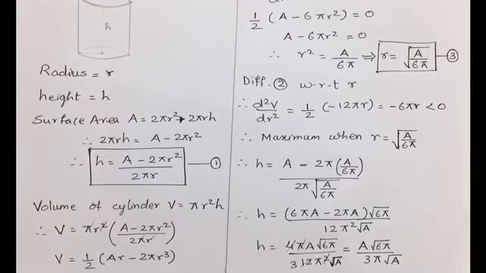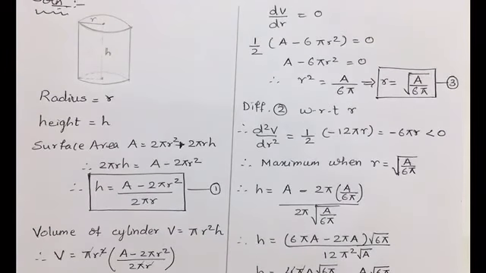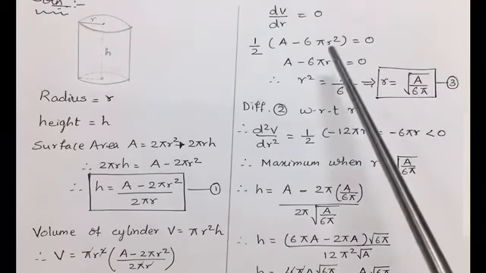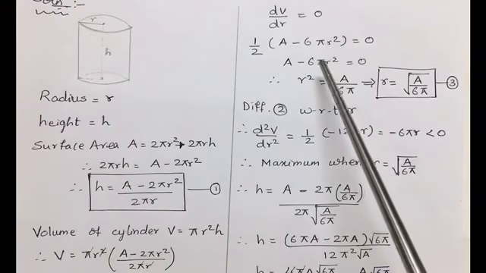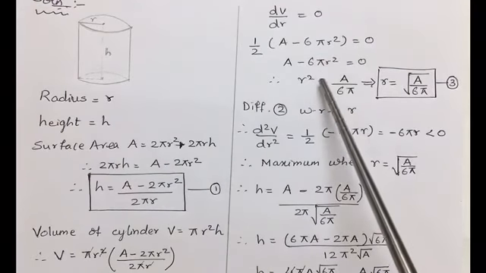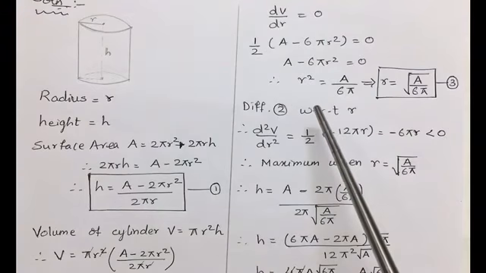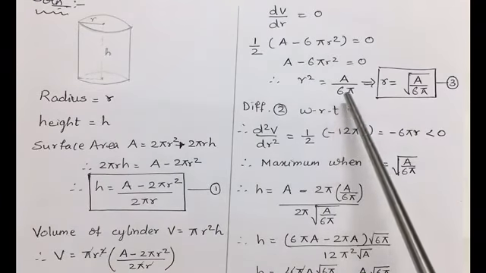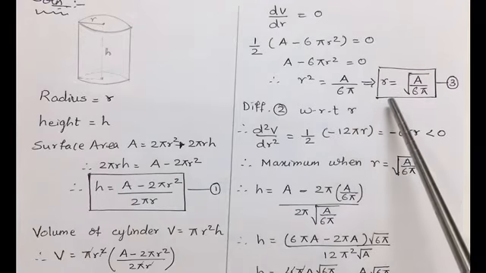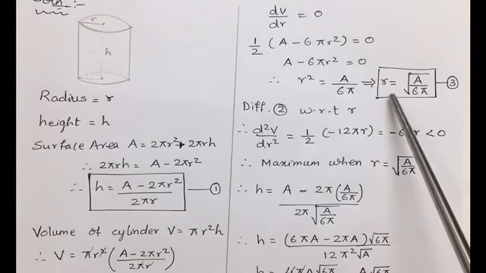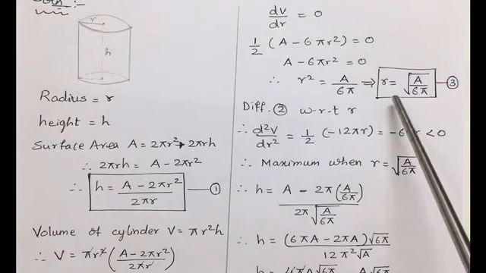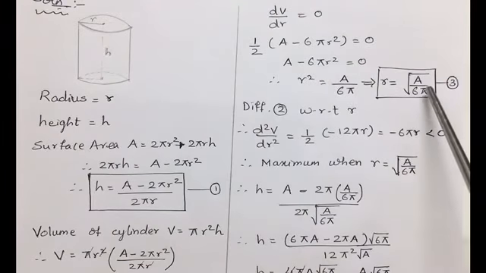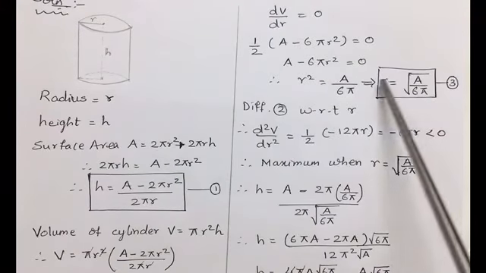So equating the first derivative as 0 and calculating the value of r, we get r square equal to a upon 6 pi, and taking the root, we get r equal to under root a upon 6 pi, which we have marked as 3.